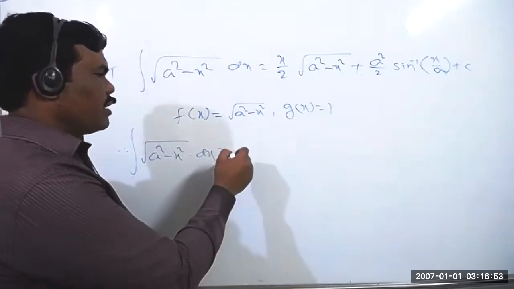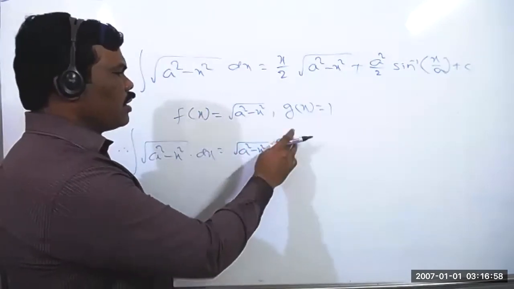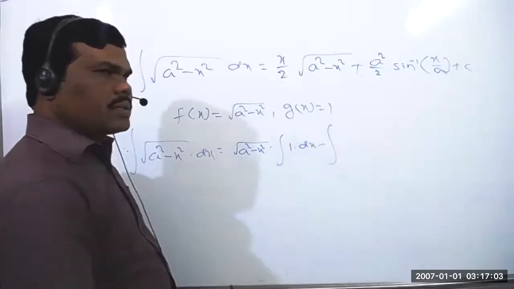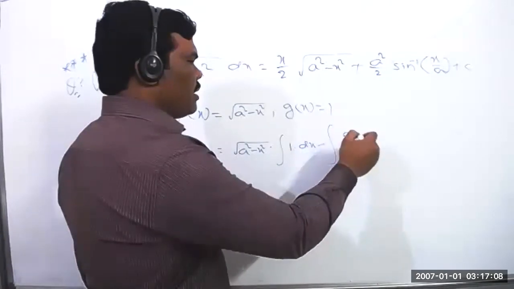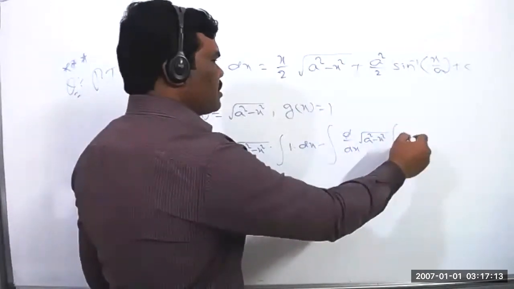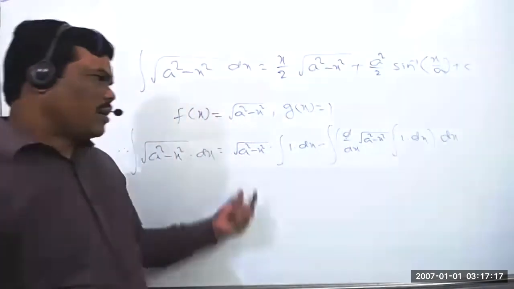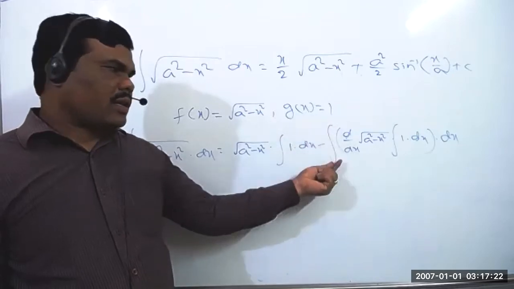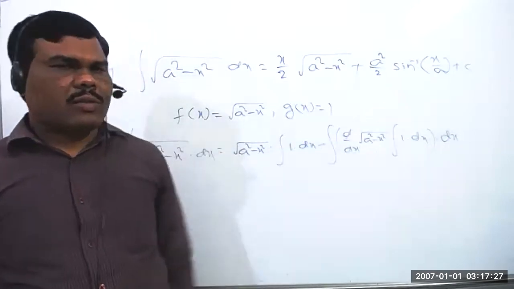We know the formula very well. So you can write root of a square minus x square into integration of 1 into dx minus integration of d by dx of root of a square minus x square into integration of 1 into dx whole into dx.